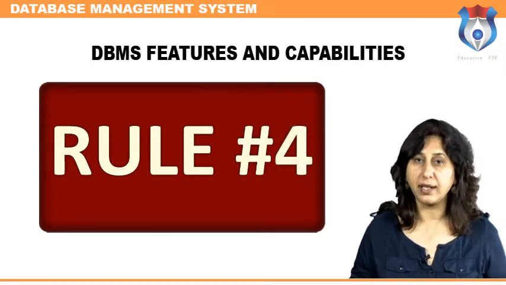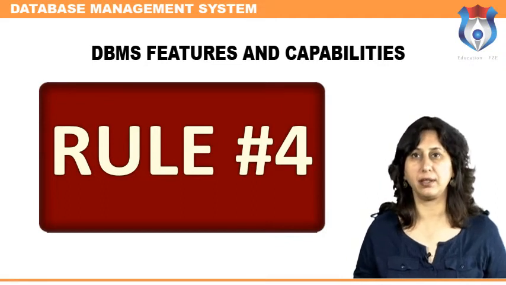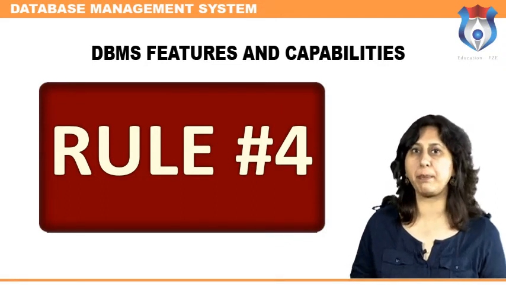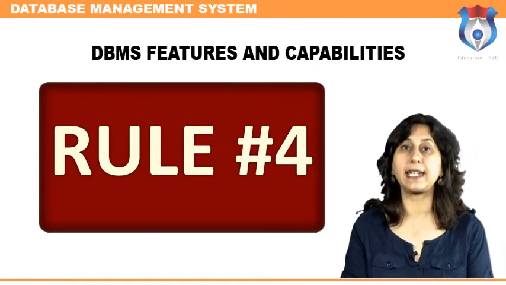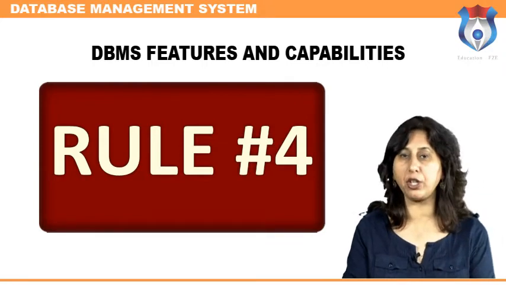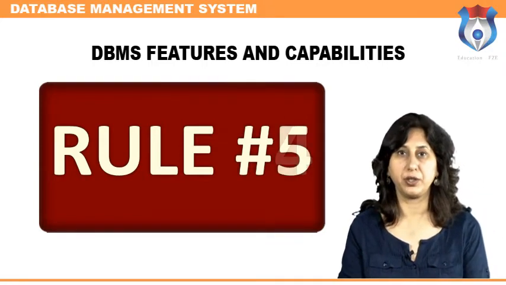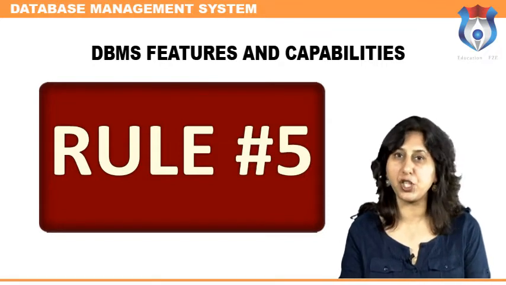Rule 4. Active online catalog based on the relational model. The system must support an online, inline relational catalog that is accessible to authorized users by means of their regular query language. Rule 5. The comprehensive data sublanguage rule.